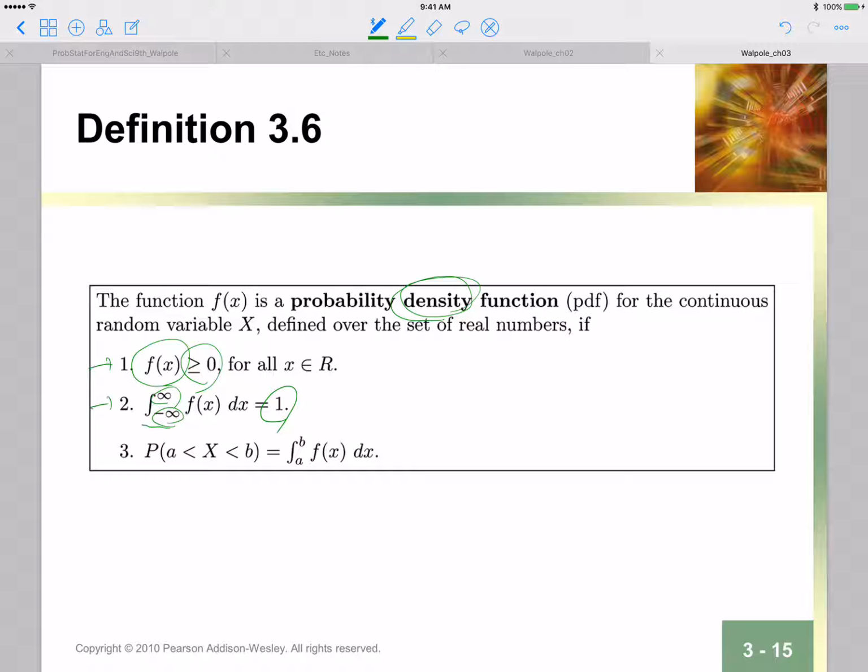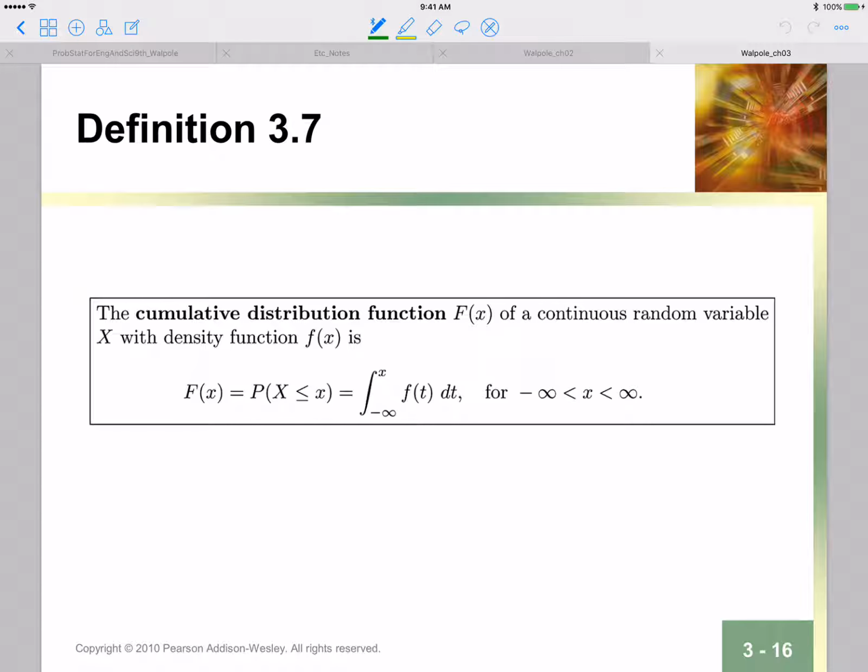And the probability of x having a value between a and b can be computed as the integral of this probability density function over the range of a and b.